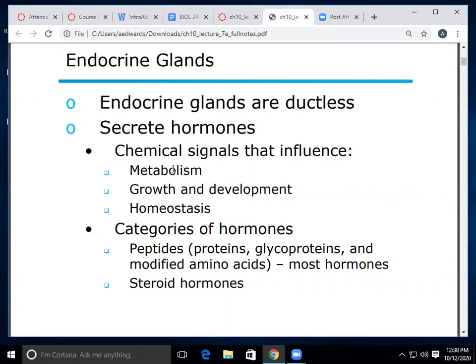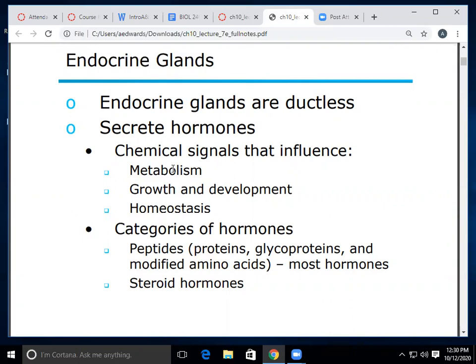No ducts. And what do they do? They secrete hormones. Secrete's another word for release. And these are chemical signals, and they influence things like homeostasis, growth and development, and metabolism.